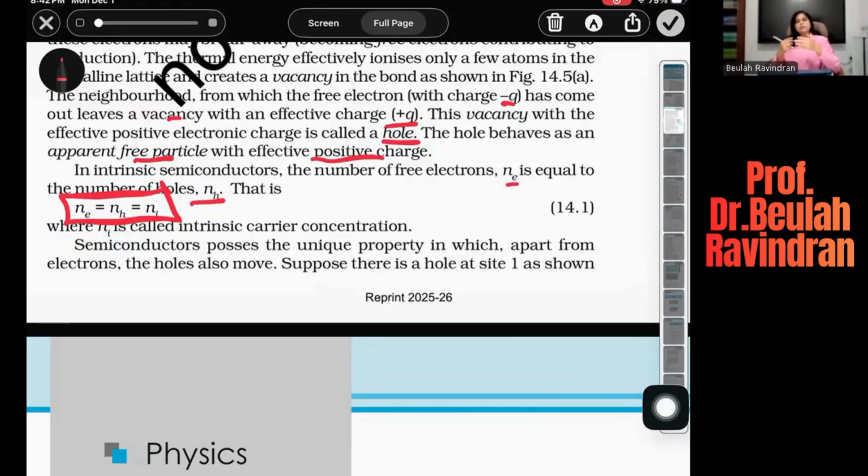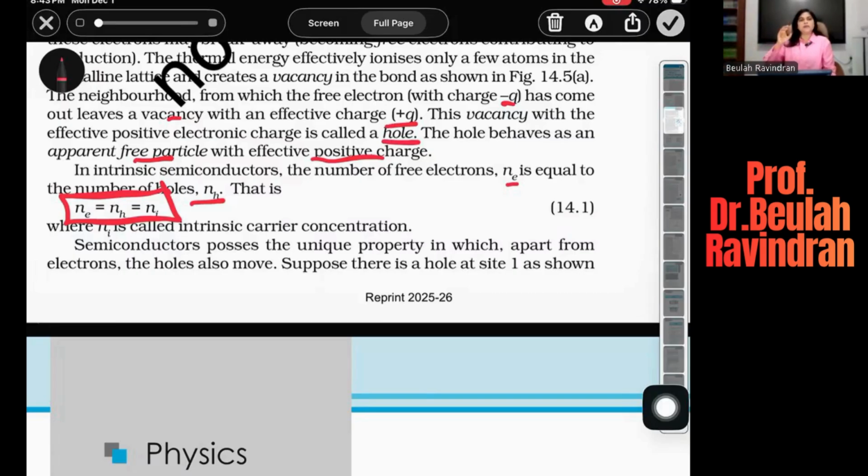Actually, in order to behave like a charged material, that means in order to get the free electrons and the holes, the material or the system has to be kept at some temperature. The temperature is needed for the material to produce holes and electrons, to produce charges.